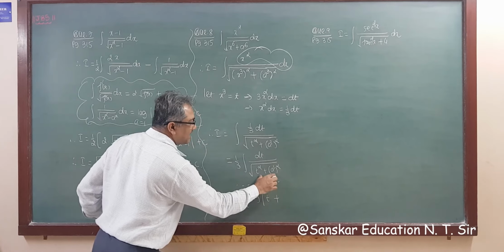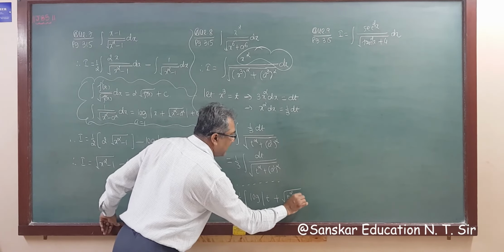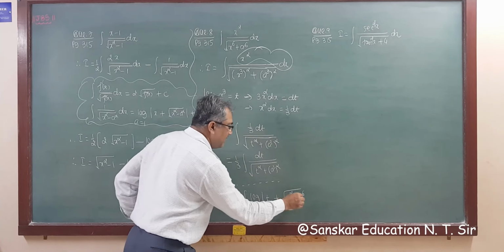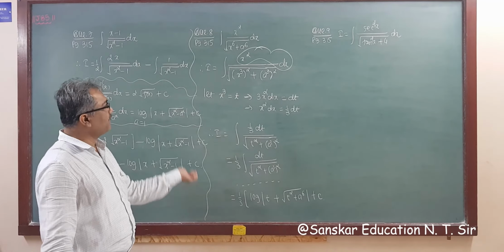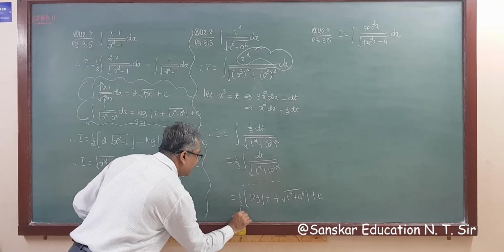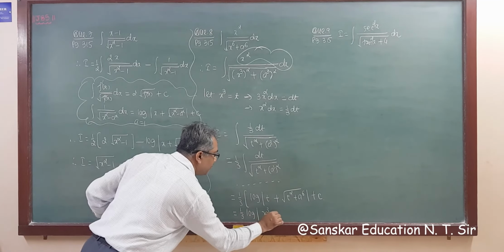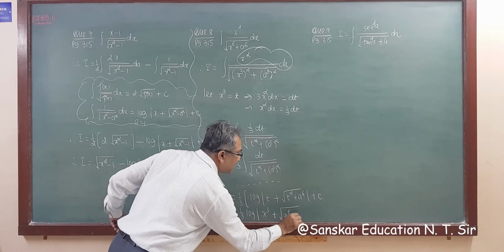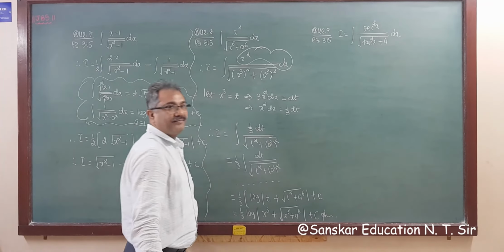Plus as it is, that is square root of t square plus a raised to 6. I am not going to write a cube square, I am writing directly a raised to 6 and plus c. Now substituting the value of t, what is t? It is x cube. So the answer will be 1 upon 3 log mod x cube plus square root of x raised to 6 plus a raised to 6 and plus c. So this is your answer.